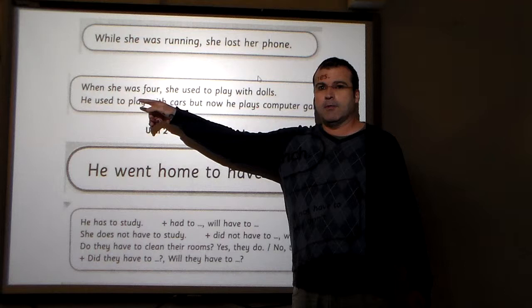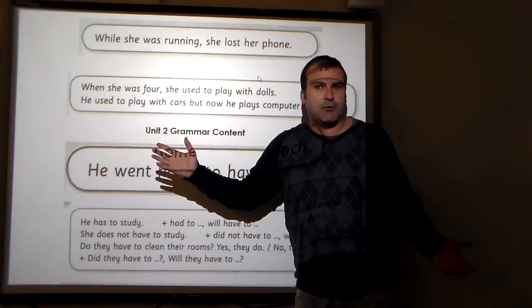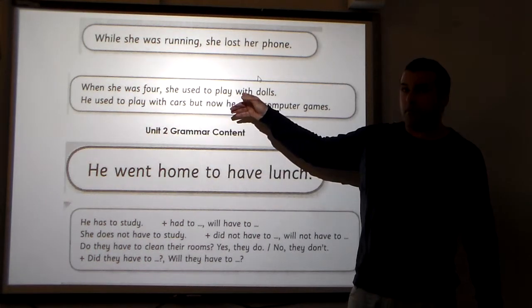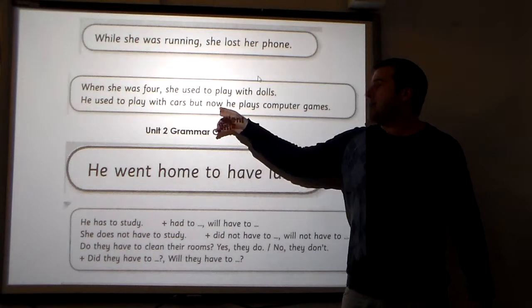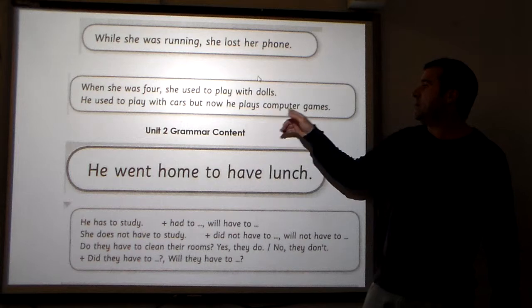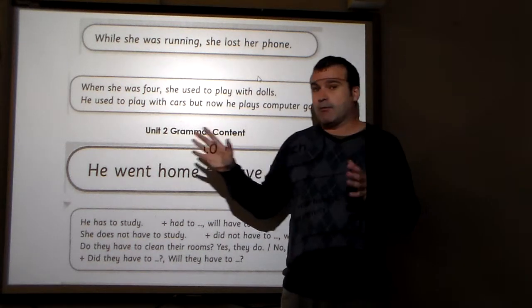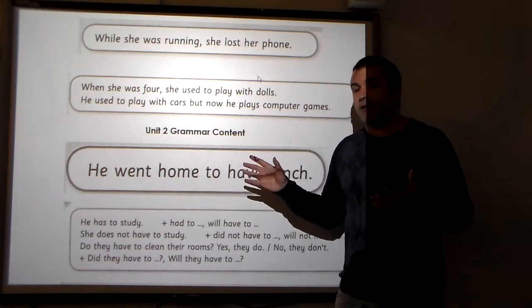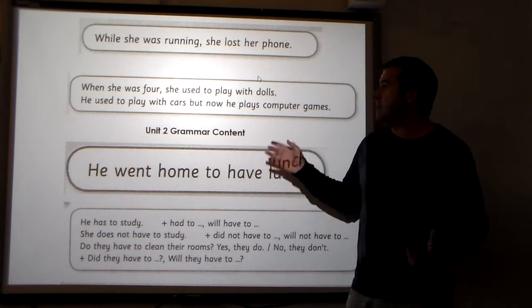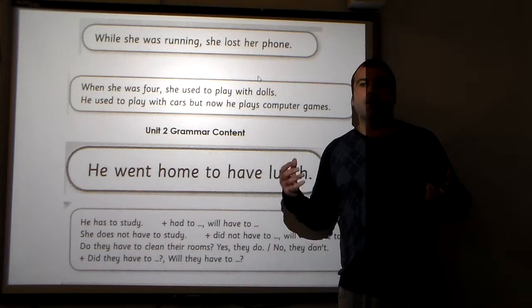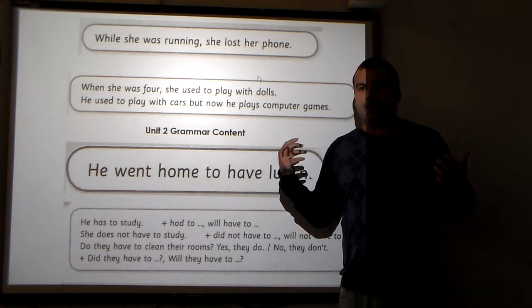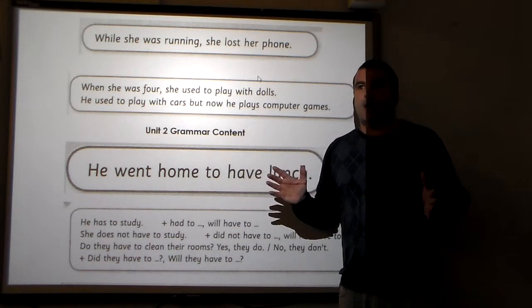Imagine she's 20 years old now, she won't play with toys anymore, would she? No. He used to play with cars, but now he plays computer games. So when he was a little kid, he used to play with cars. Now that he's a teenager, he plays computer games. Notice it's something that we did in the past, but we don't do anymore.